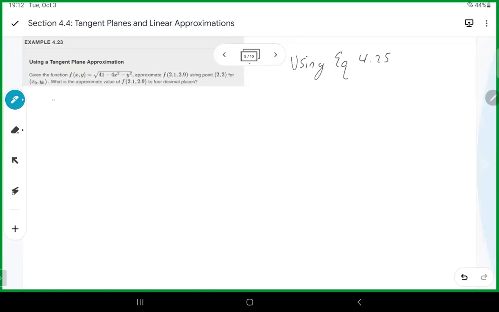All right, if we do f of x sub 0, y sub 0, if you plug everything in, you're going to end up with the square root of 16, which is 4.